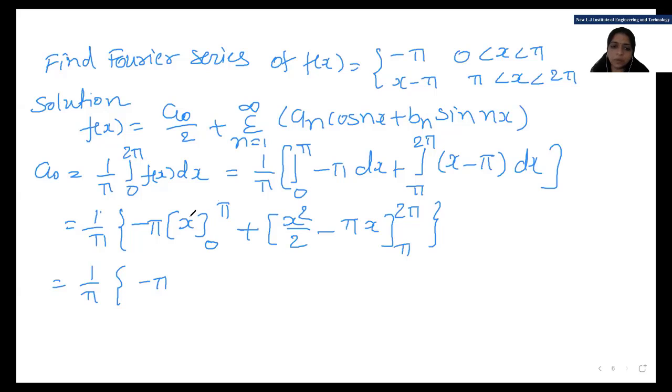If I substitute upper limit minus lower limit, that is pi minus 0, so it is pi. Plus, if I substitute the upper limit, that is x square, so 4 pi square by 2 minus 2 pi into pi, that is 2 pi square. So this is for the upper limit.